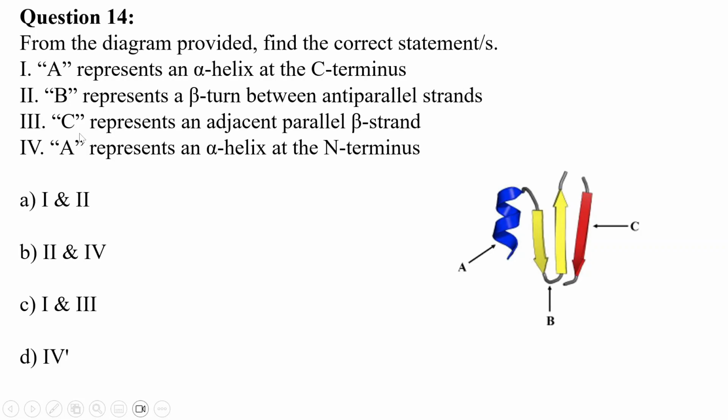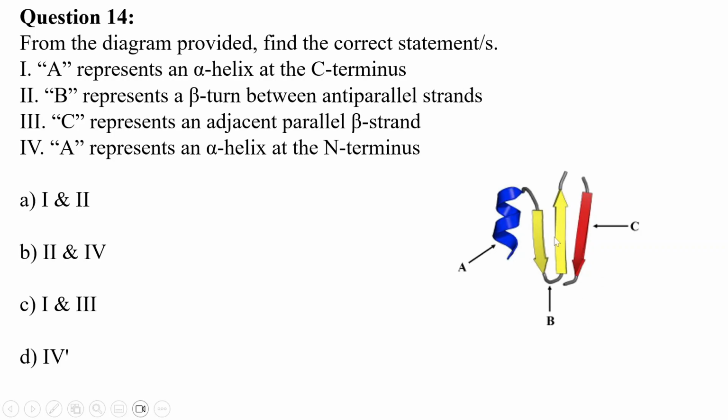The third statement, C represents an adjacent parallel beta strand. If you see, C is not parallel to the adjacent strand. The adjacent strand is pointed upwards, whereas C is pointed downwards. That means C is representing an adjacent anti-parallel beta strand, right?